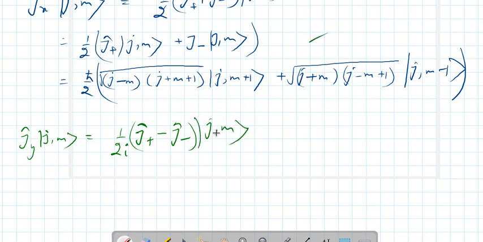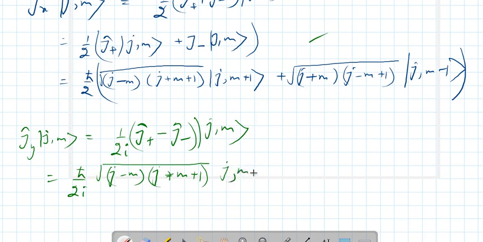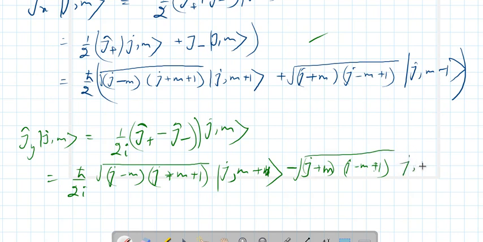So as we proceed here in the similar fashion, I can write down it as h cross over 2 iota, j minus m, j plus m plus 1, under the root, into |j, m plus 1>, minus j plus m, j minus m plus 1 whole under the root, |j, m minus 1>, right.